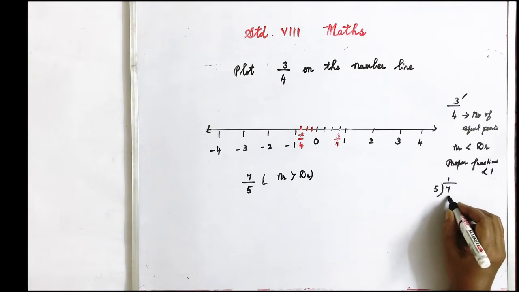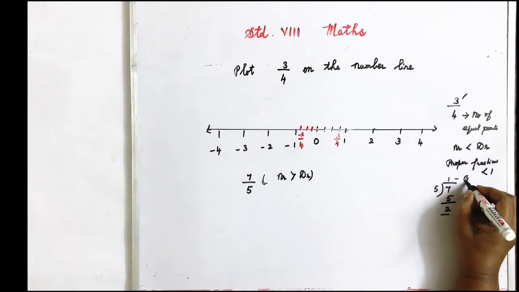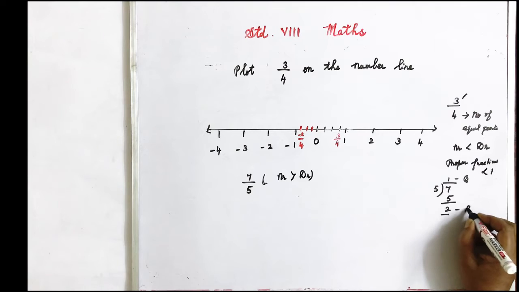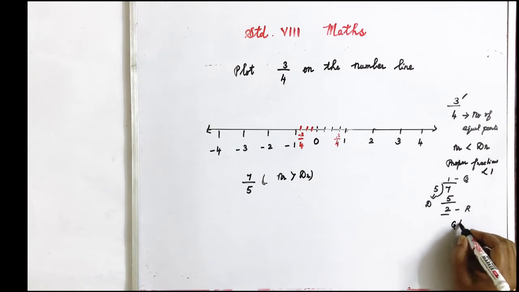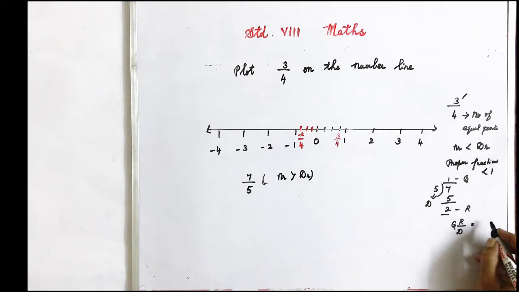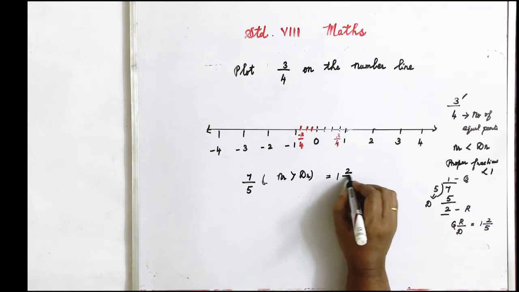So 1 5 is 5 and the remainder is 2. This is the quotient, this is the remainder and this is the divisor. If you write Q R by D, we have to write it as 1, 2 by 5. So this number is equal to 1, 2 by 5.